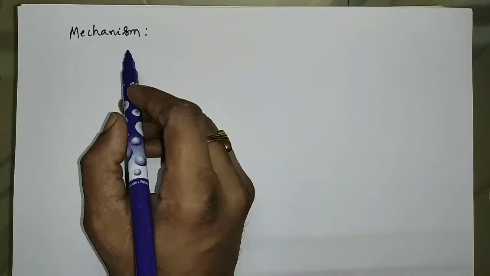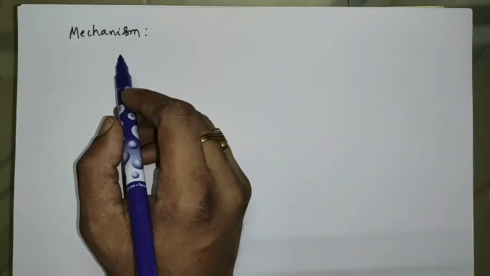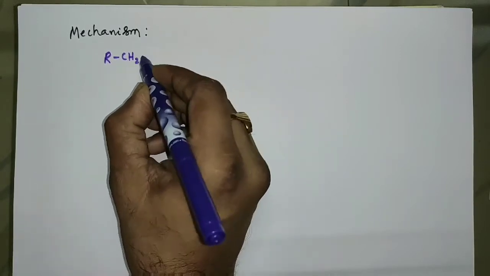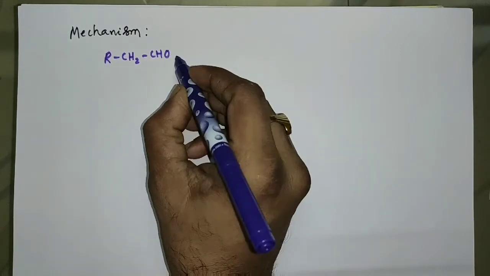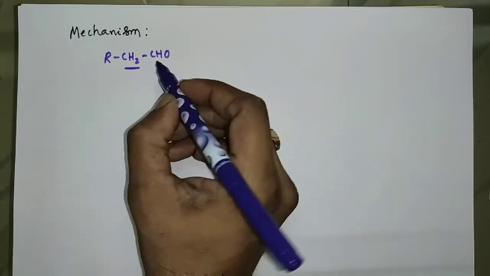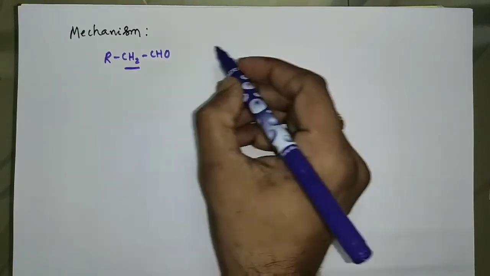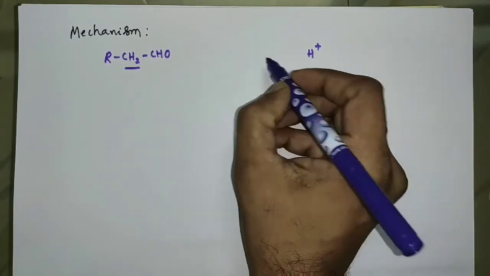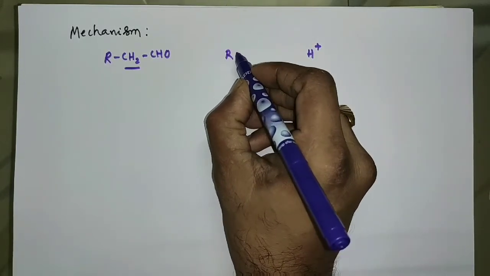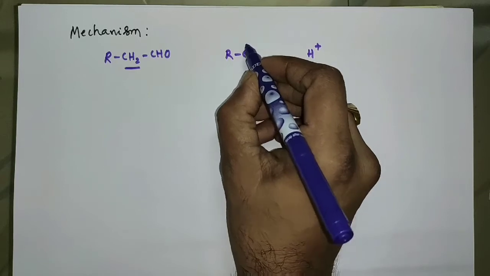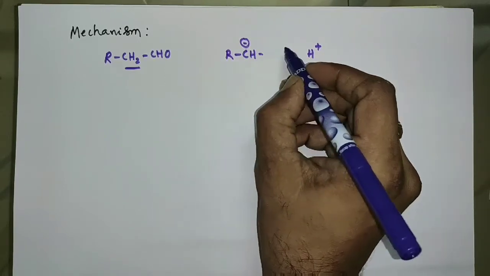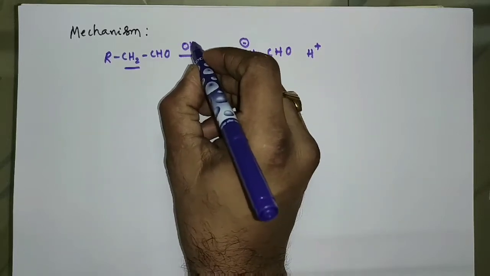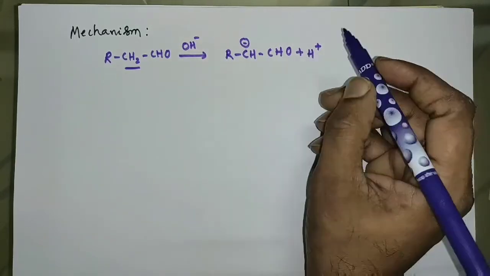Now let us see the mechanism of aldol condensation. An aldehyde containing alpha hydrogen loses H+ ion and will give you a carbanion in presence of basic medium.